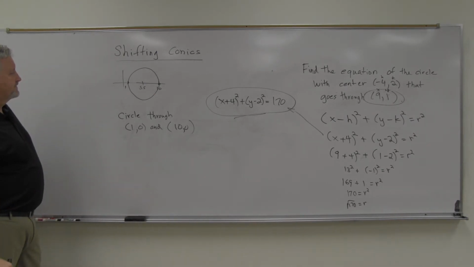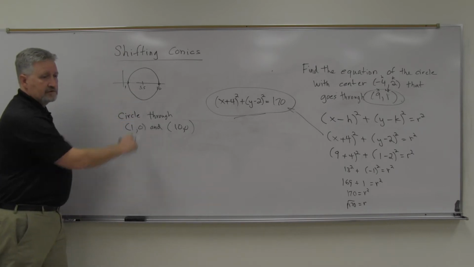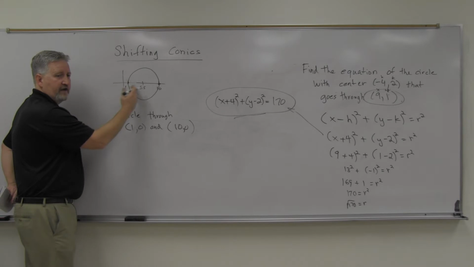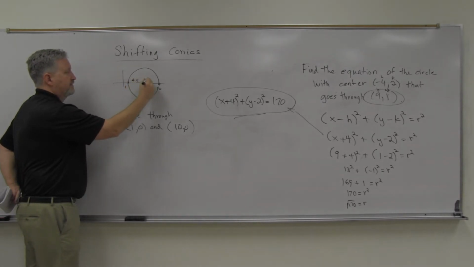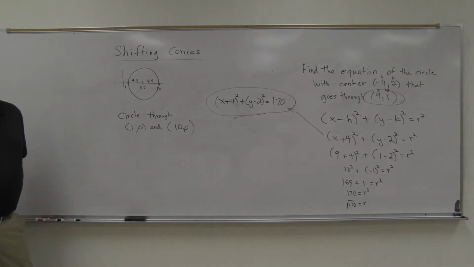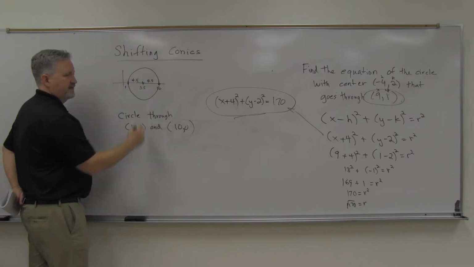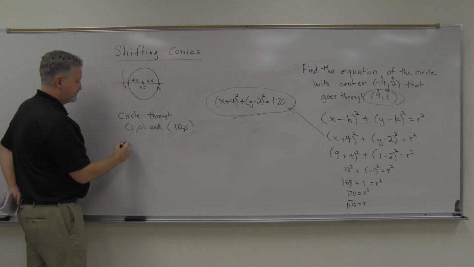I didn't make it a nice even number there. It's an odd number. It's 4.5 units to that point, but we start at 1, so you add 4.5, and that would put it at 5.5. So the center here would be at 5.5, 0.